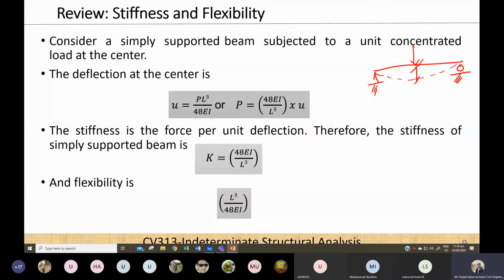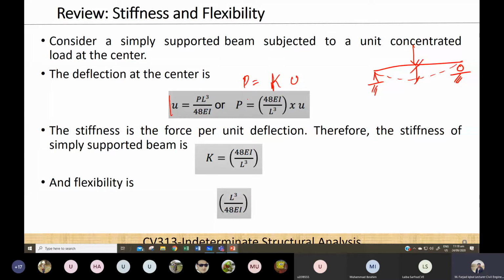And for this simply supported beam, the formula for the calculation of deflection is this one, that is U is equal to PL cube over 48 EI. If I simplify it briefly, or I move this P factor over here and rearrange it, I will get this equation: P is equal to 48 EI over L cube into U. Can I say that this equation is equivalent to the equation of stiffness that we have just studied, that is P is equal to KU?